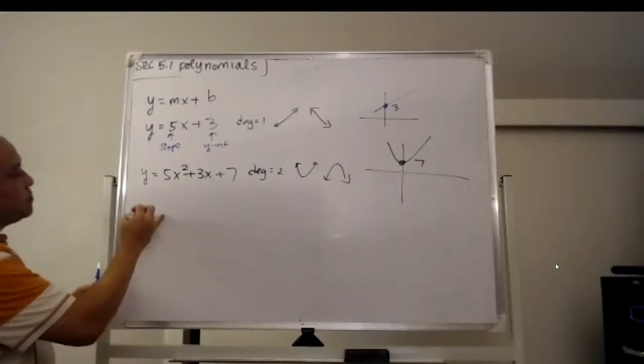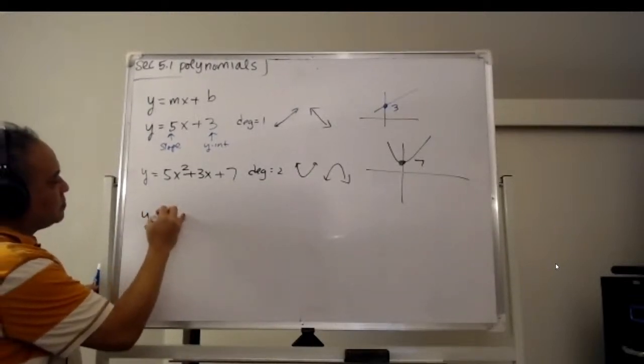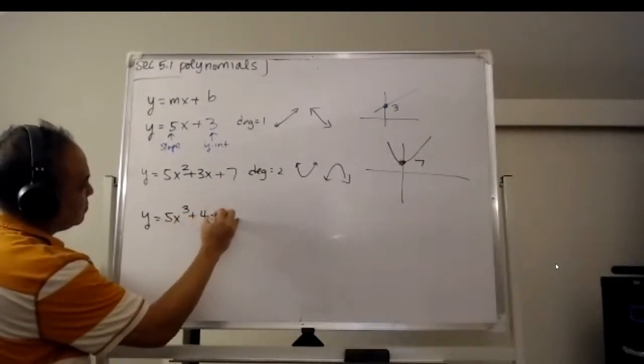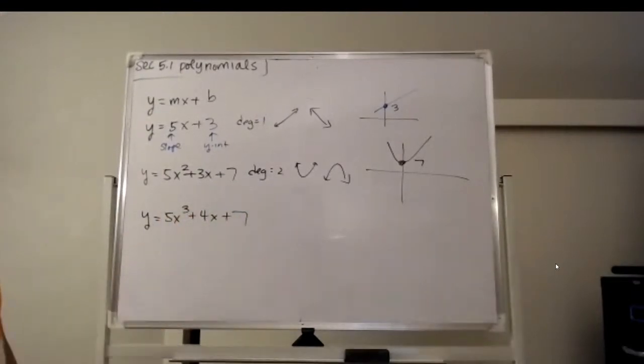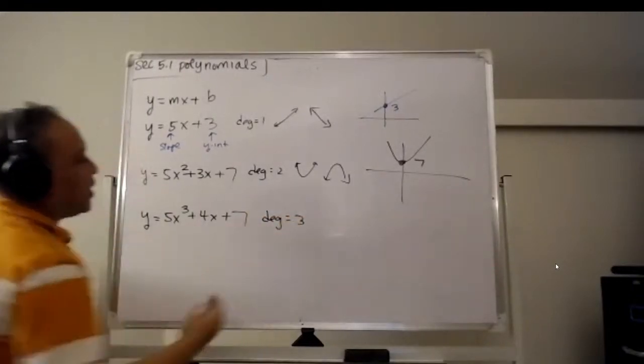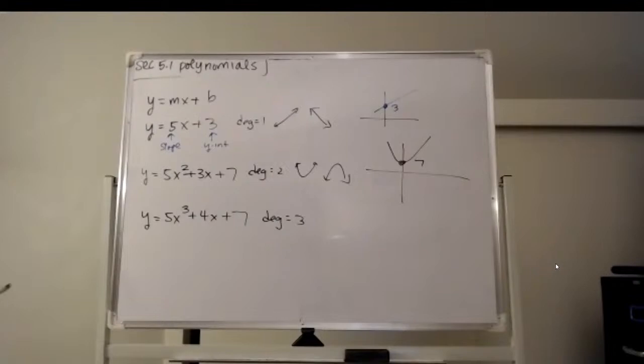Well, how about this? I could put a square there, but I just want to show you that you don't have to have every term there. That's degree equal 3. Now understand that the degree tells you how many times you change direction. Degree minus 1.